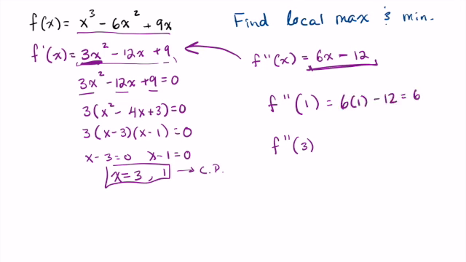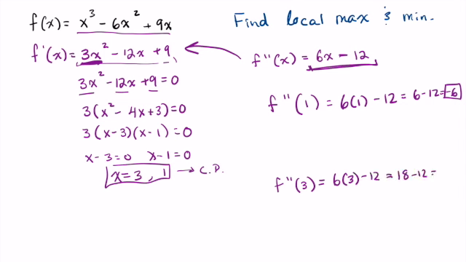That gives me 6 minus 12, which equals negative 6. We'll evaluate that in just a moment. F double prime of 3, I have 6 times 3 minus 12, which equals 18 minus 12, which equals 6.